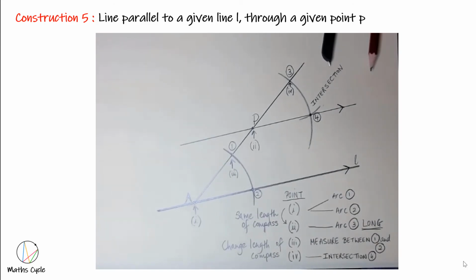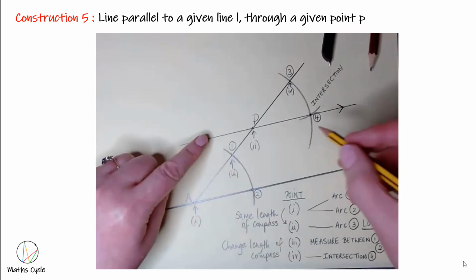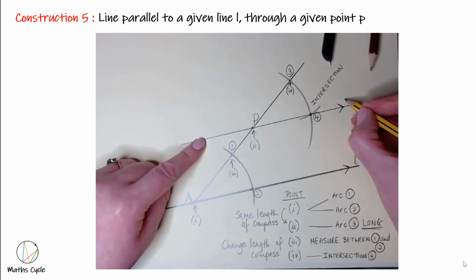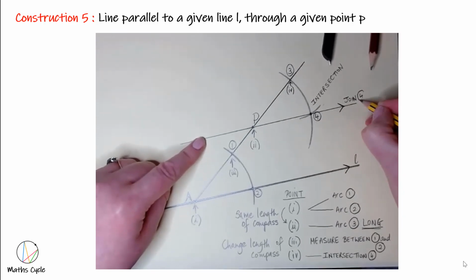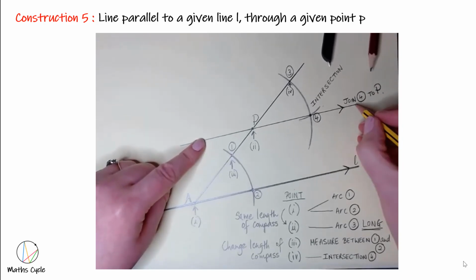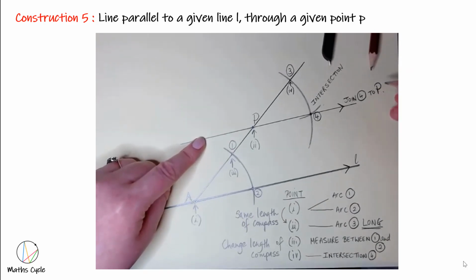Once you do that, I don't have enough space, but I should have written in here that you then join 4 to P. So this parallel line, we join 4 to the point P. That's my parallel line. That's ultimately where I'm going.